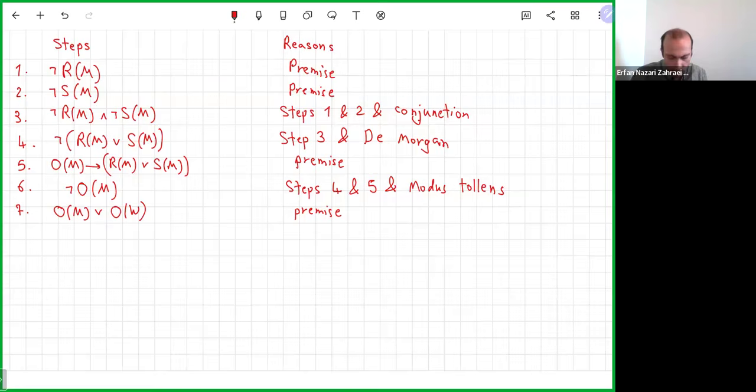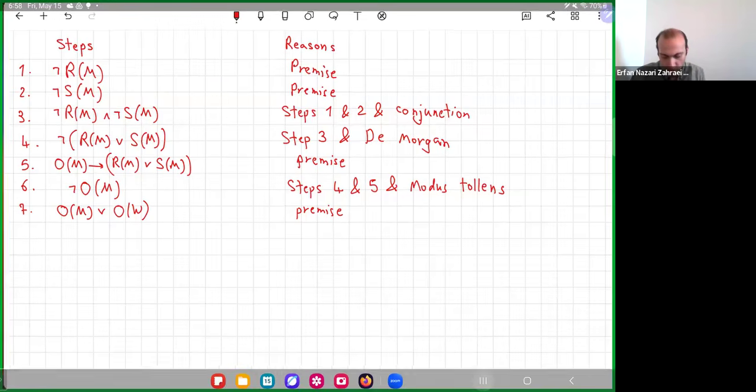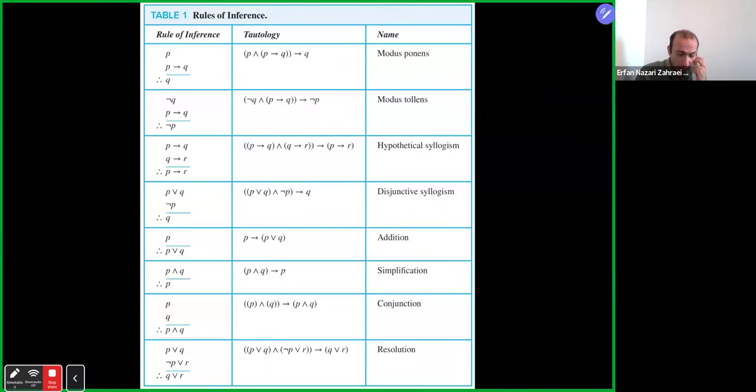Okay, good. This is probably another rule of inference. If you have or of two things, this is the middle one, disjunctive syllogism. If you have or of two things and one of them is false, then the other one should be true.